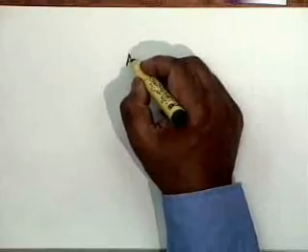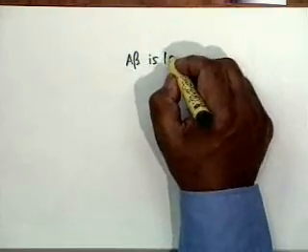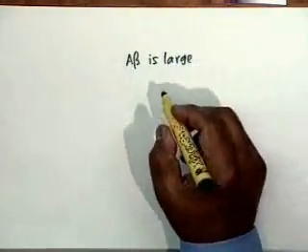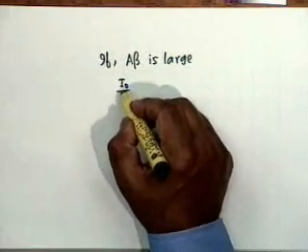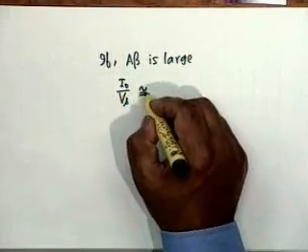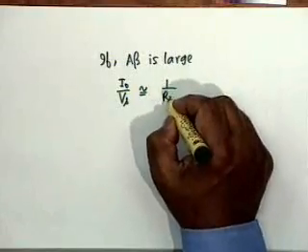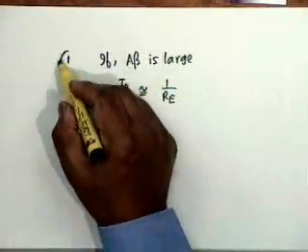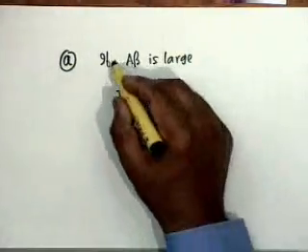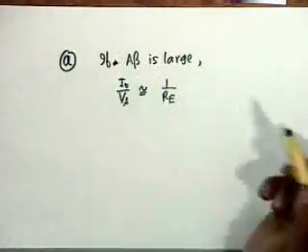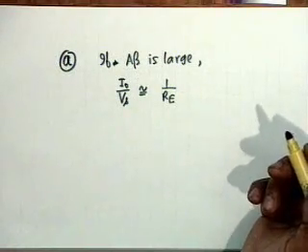Without going into any numerical values, it says show that if A beta is large, then I0 by Vs is approximately equal to 1 over Re. This is the first part of the question, part A. Show that if A beta is large, then I0 by Vs is approximately 1 over Re.